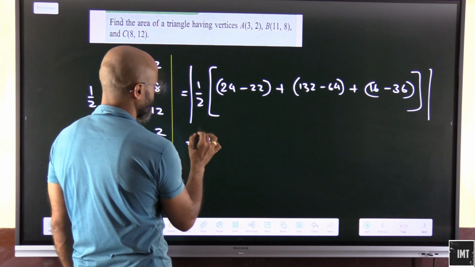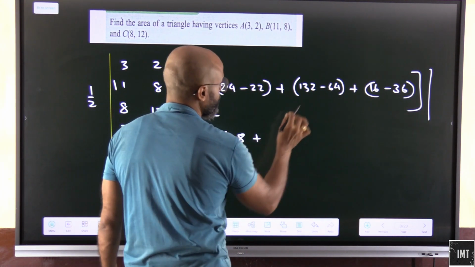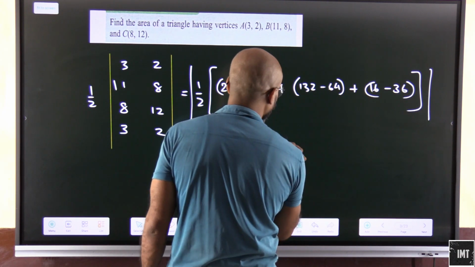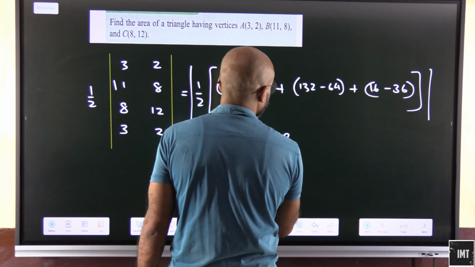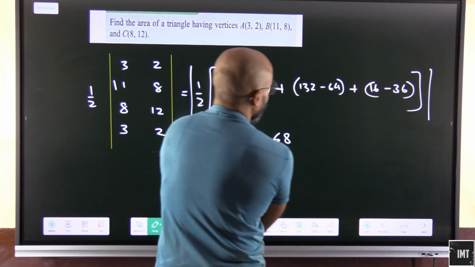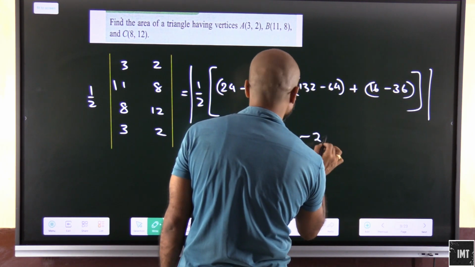I think this is very much solvable here. 24 minus 32 is minus 8, plus 132 minus 64 is 68, and 16 minus 36 is minus 20.